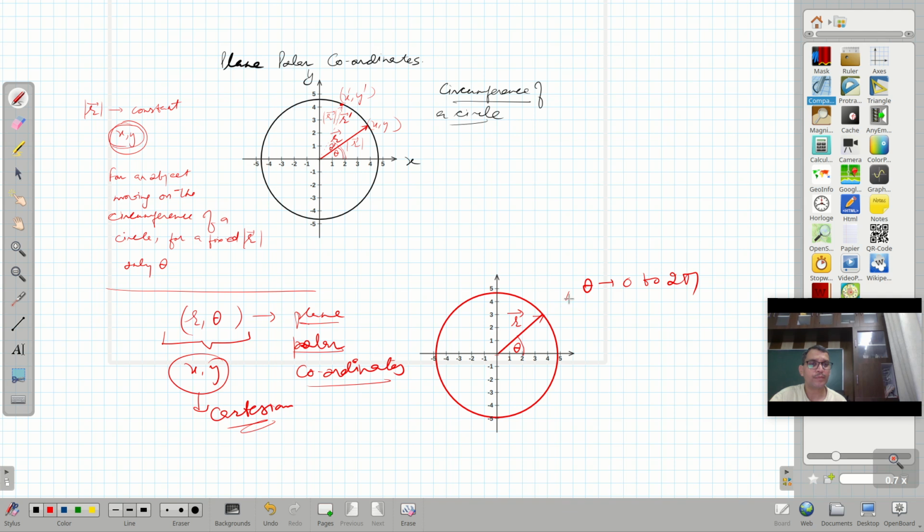Also, for a particular circumference, r is the same. The magnitude of r is the same, but if I take another r, meaning if the magnitude slightly changes, and this radial vector becomes say r prime, then what will happen?